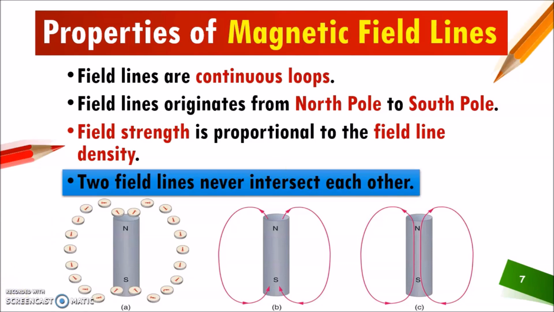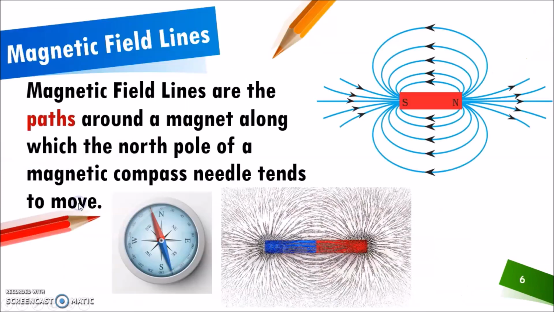So the magnetic field is strong where the magnetic field lines are close to each other. Okay, students, like this. Here at the poles, North Pole and South Pole, magnetic field lines are close to each other. So the strength of the magnetic field is highest at the poles. Is it clear? And where the magnetic field lines are far from each other, the field strength is weak.